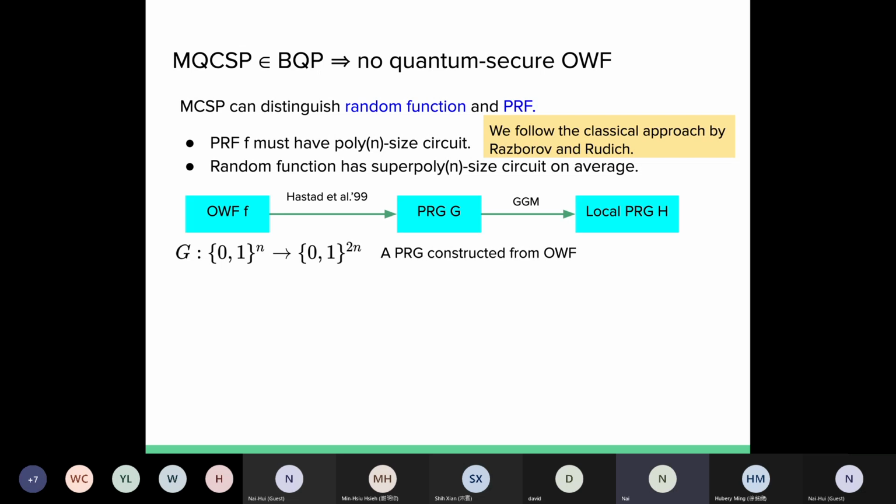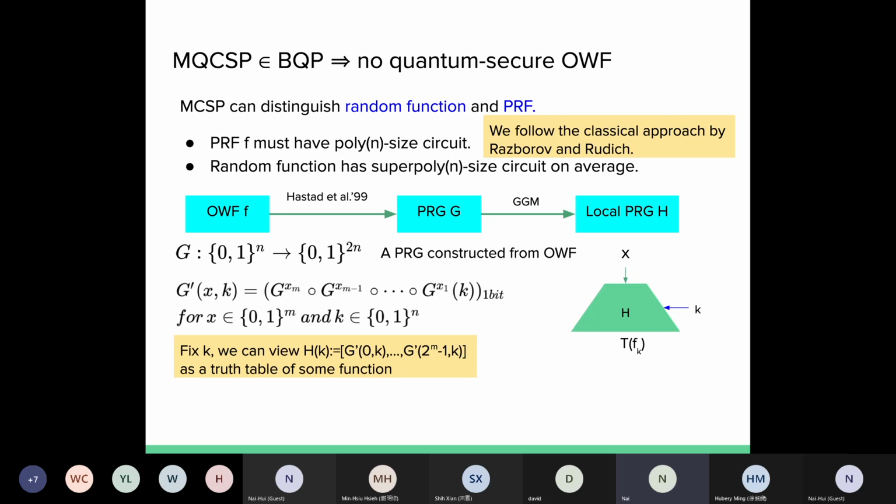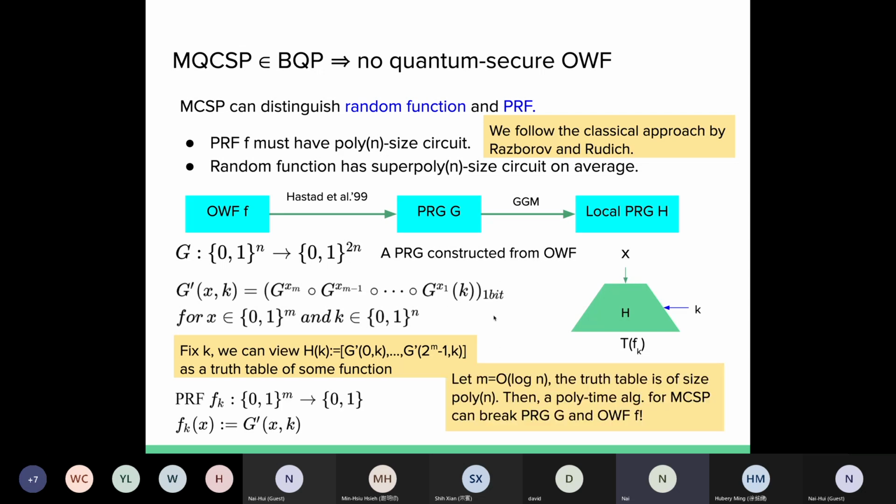Yes. Okay. So now we have a PRG constructed from a one-way function, and we don't need to go through all the details, but the point is that you have this PRG. It maps a small random string to a large random string. So you are given some small x, then you use this to construct a large random string, and you view this large random string as a truth table of some Boolean function.